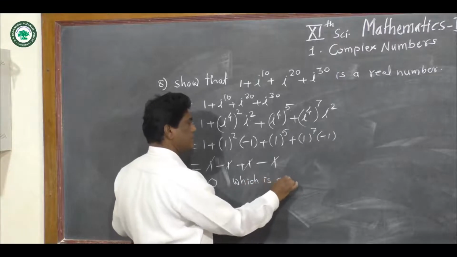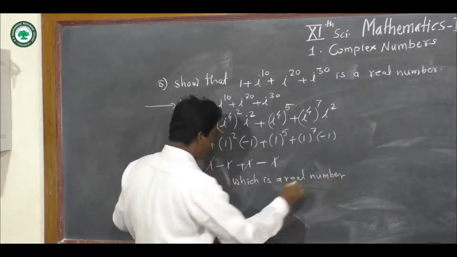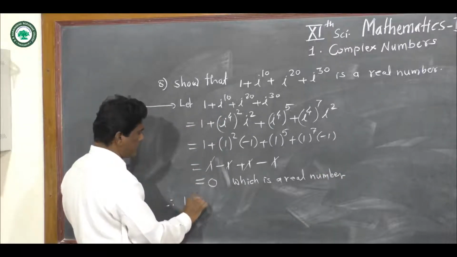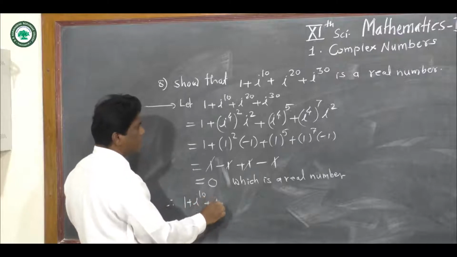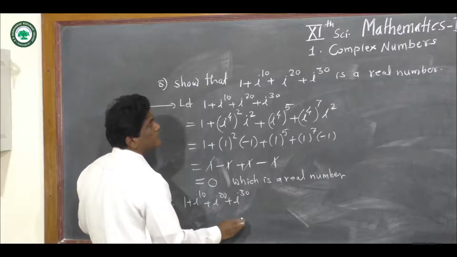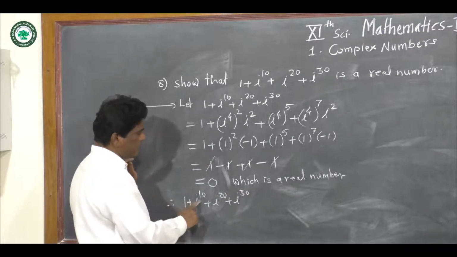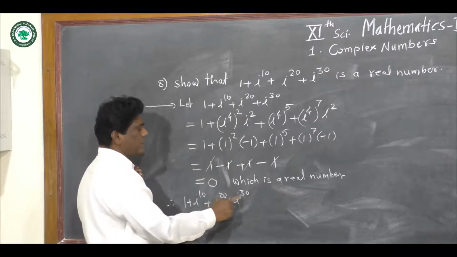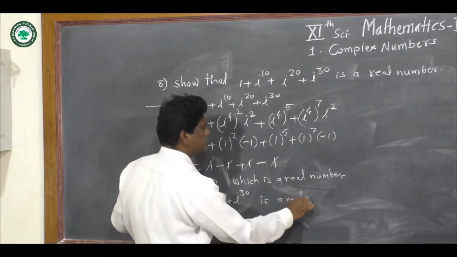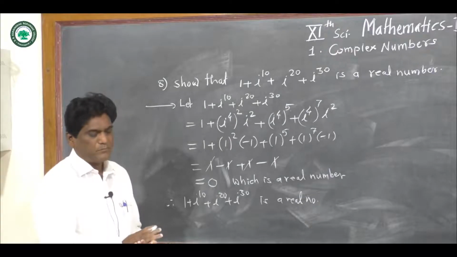And therefore we write here 1 plus i to the power 10 plus i to the power 20 plus i to the power 30 is a real number. In this way we get the solution of the 8th problem.